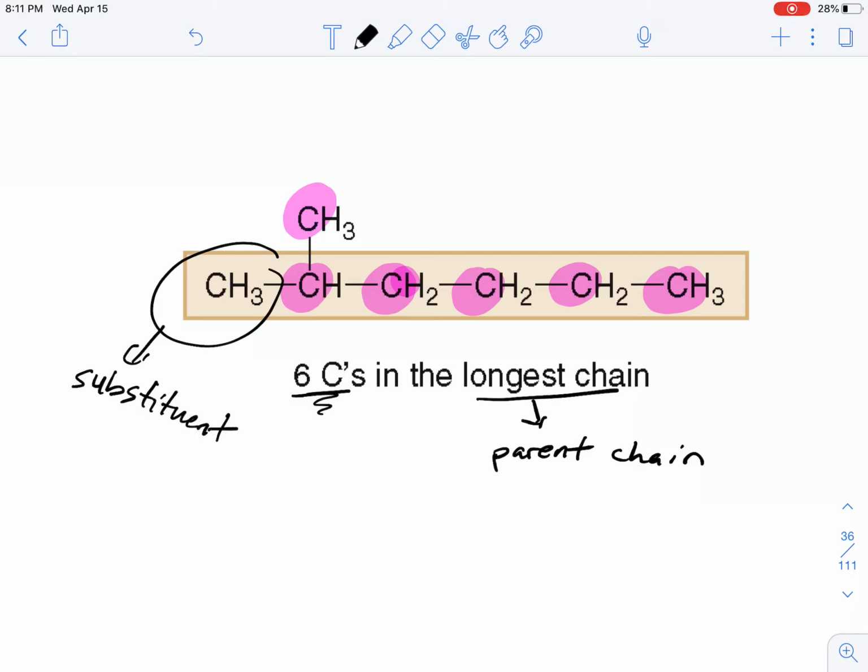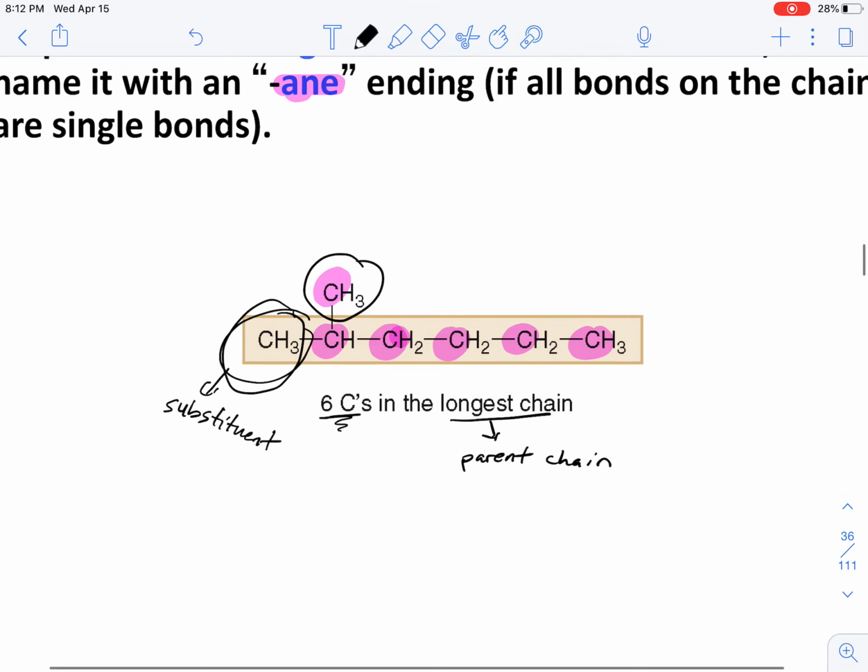But notice that they're symmetrical. Whether you choose this or this as your 6th carbon or your substituent, you're going to get the same answer in terms of naming the compound. So that is your first step.